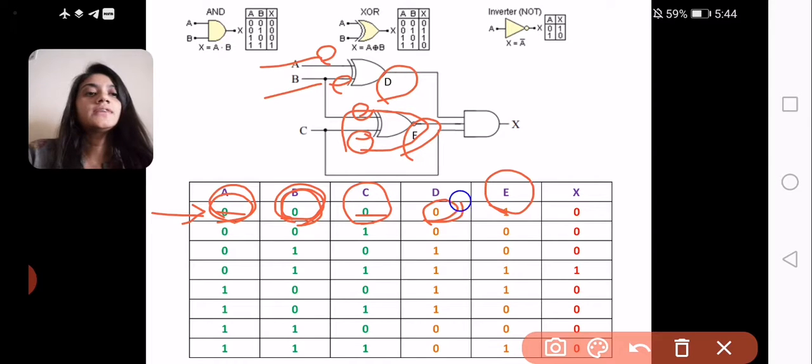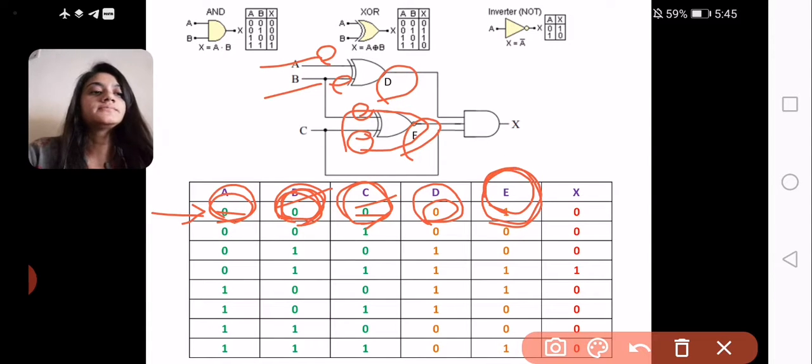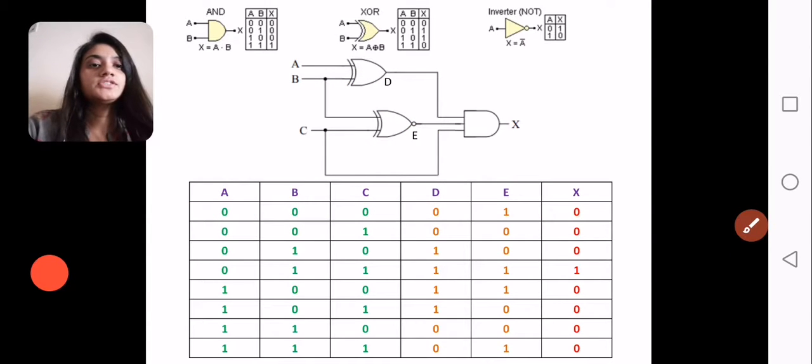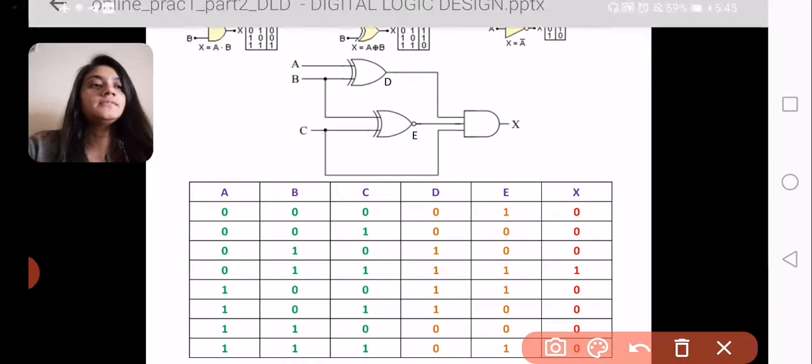So write down 0 in D. Now E, that is the XNOR of B and C. So 0 0 XNOR will give output 1.